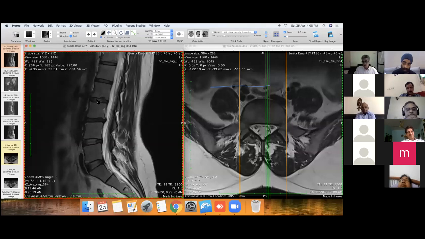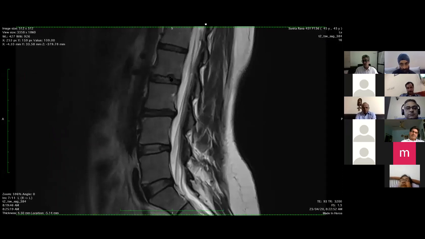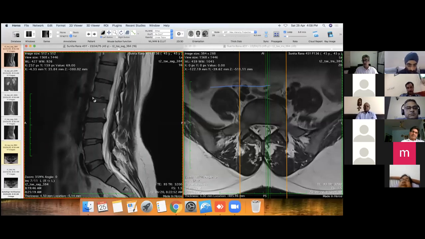When I see edema, I want to differentiate it from end plate erosion and edema, so sometimes overlap takes place. But this is the exact chronic Schmorl's node along the inferior end plate of the L2 vertebral body. We call it like this.